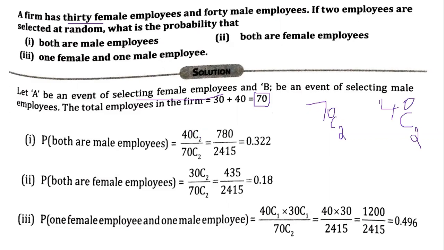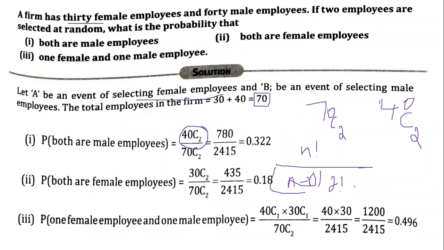So 40C2 divided by 70C2, this is the favorable. We have 40 male employees, that is my favorable value for the male employees to come, with the total number of employees being 70. Now what is the formula to solve? n factorial divided by n minus r factorial into r factorial.